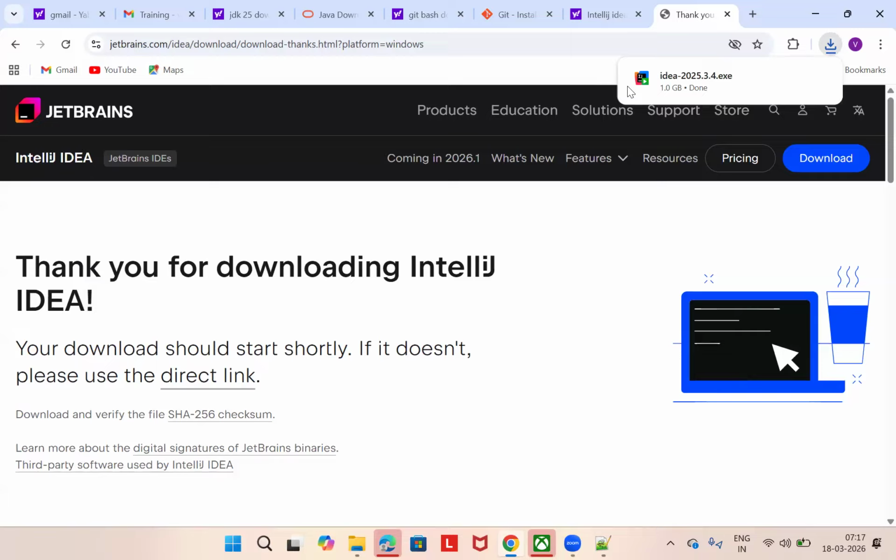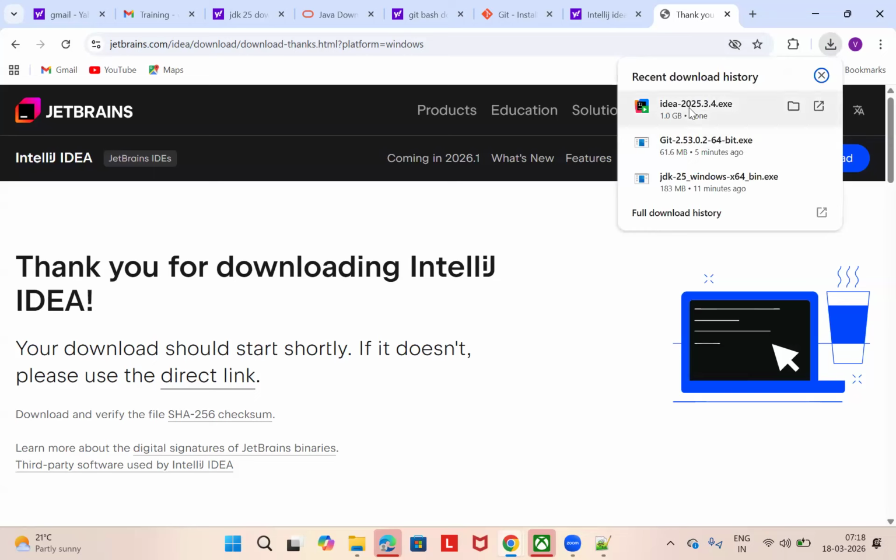So can you double click on this, Vaishnavi? Will it take time? Yeah, that pop-up came. Do you want to allow? No, it didn't come. Wait. It should come ideally.